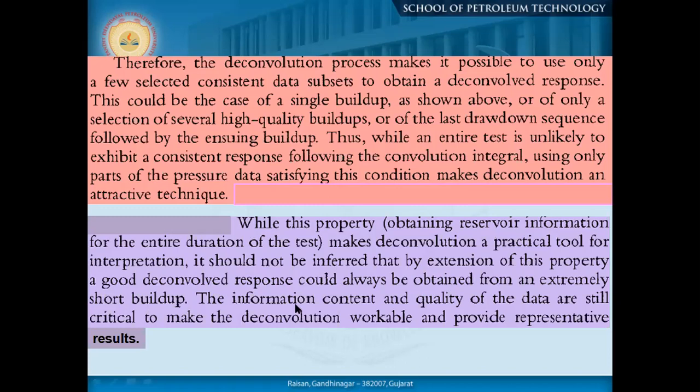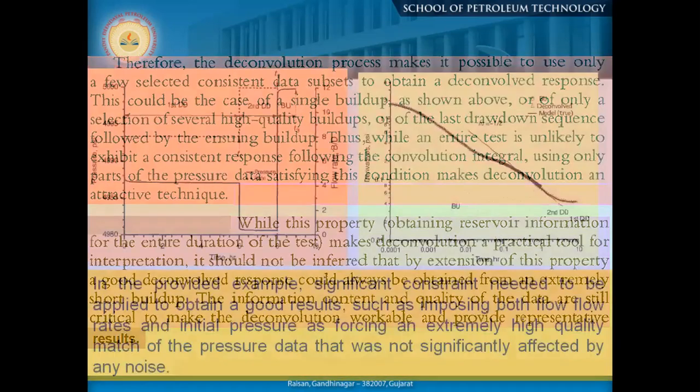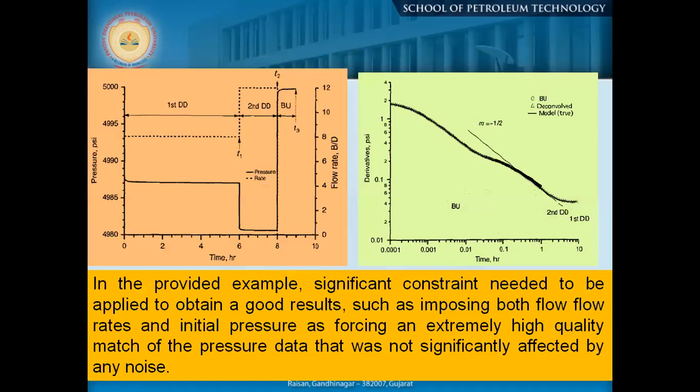Okay, so the information content and quality of the data are still critical to make the deconvolution workable and provide representative results. What that means is, going beyond the time of the test, we could go for it if our data is accurate and if we really do good deconvolution. Okay, so now here the same thing.